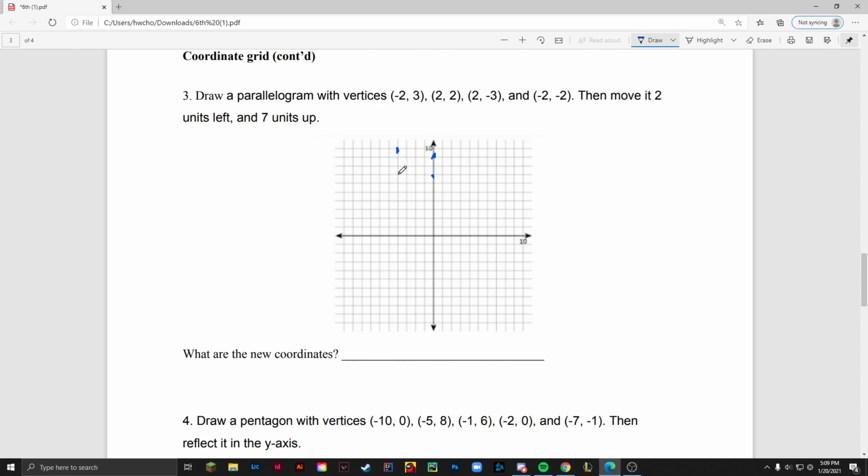And then right here as well. If we go to the last point, -2, -2, moved up 7, it will be like that. That is our answer.